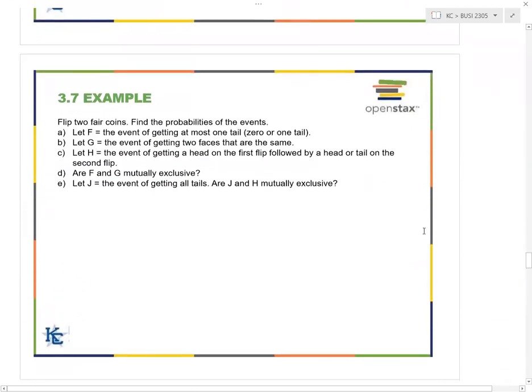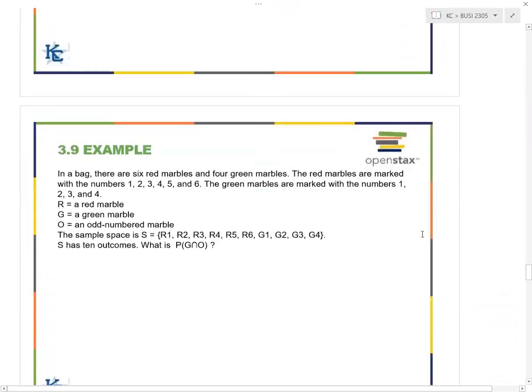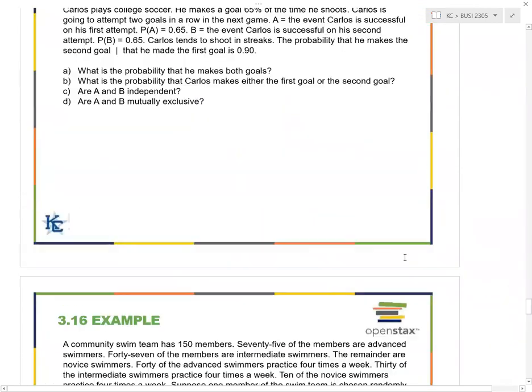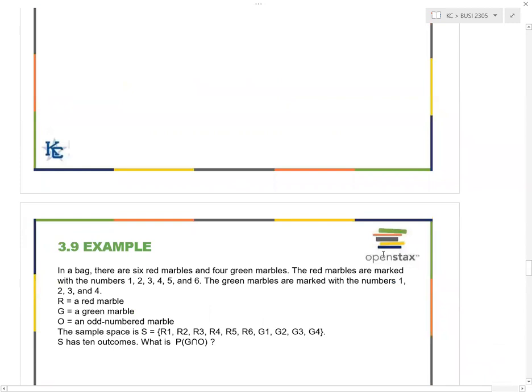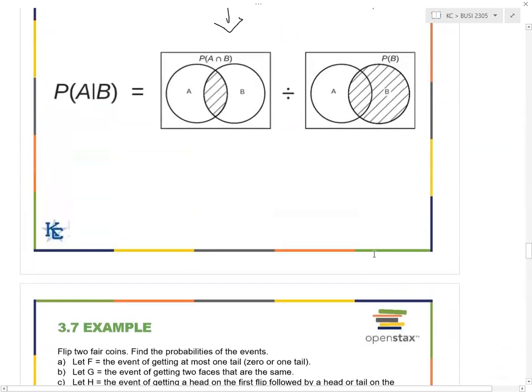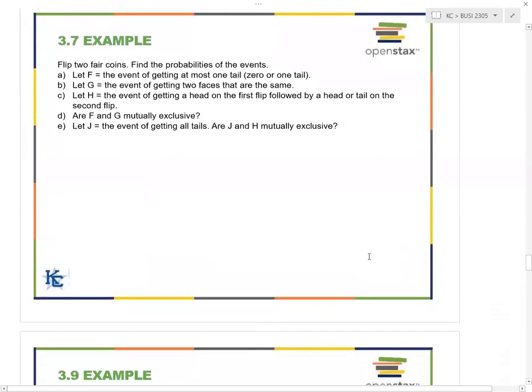So now we're just going to do several examples. We're going to work through them for the rest of this video. So you can follow along with the examples if you would like. I encourage you to, so that you're well prepared for your homework. If you need more examples, there are more examples in your book.